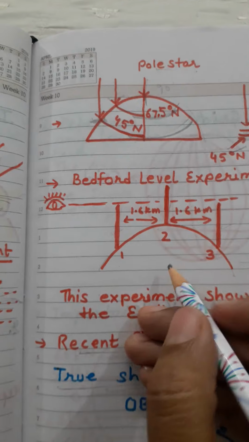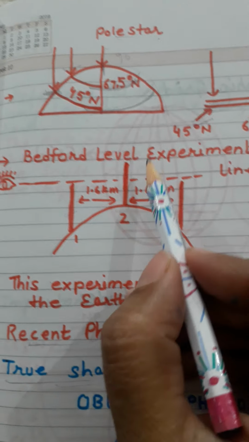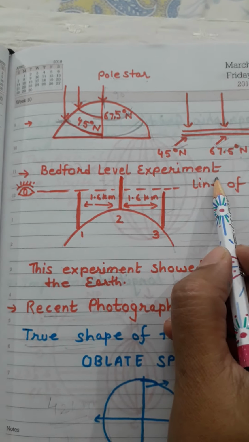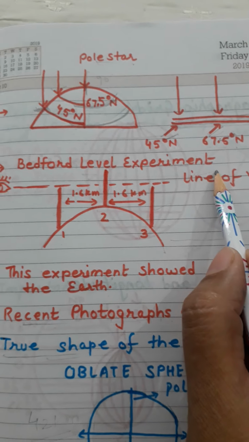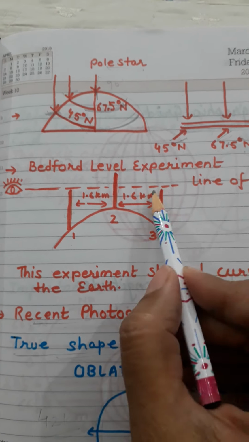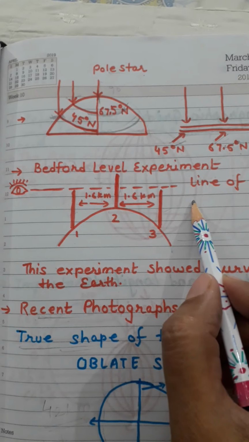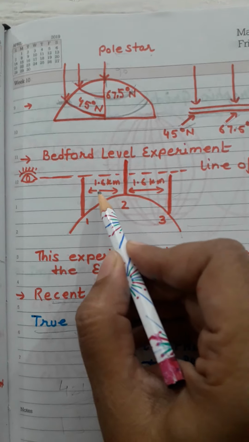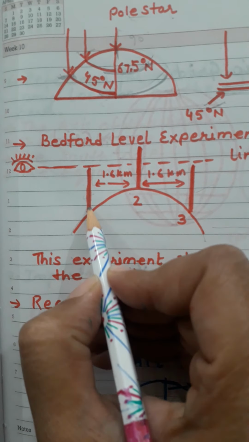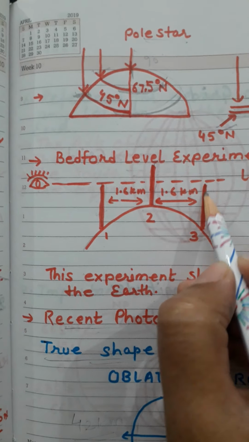Now, the next experiment is the Bedford Level experiment. This Bedford Level experiment was conducted by Dr. Wallace in the Bedford Canal in England. In this experiment, he took three poles of the same height.